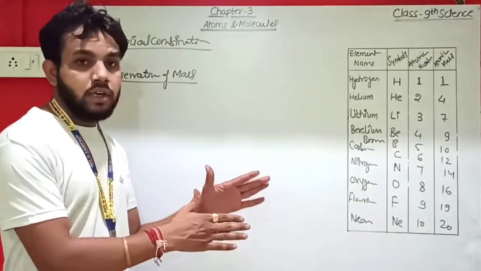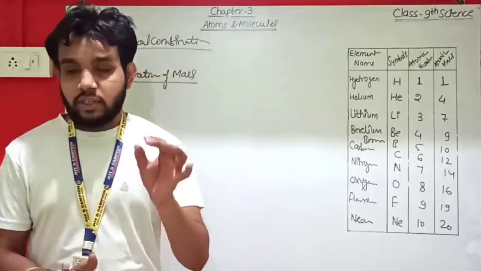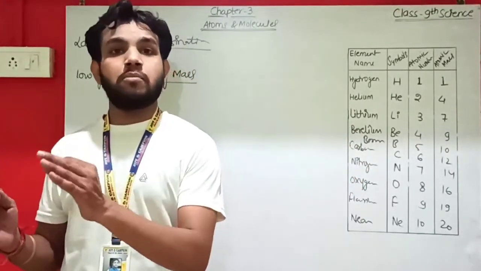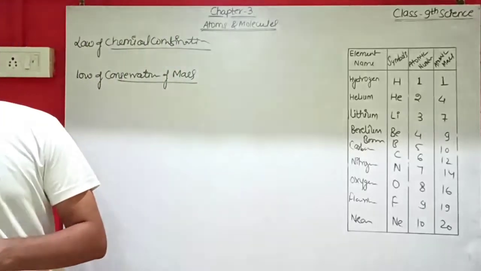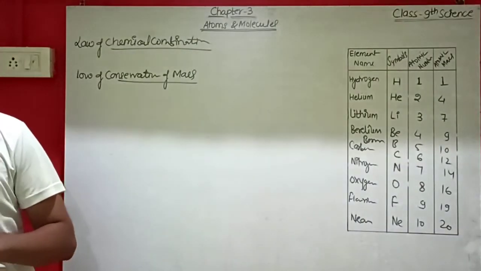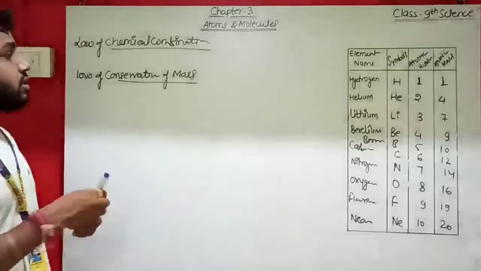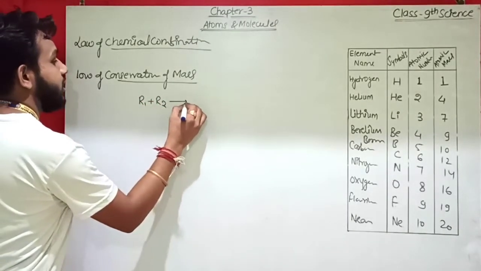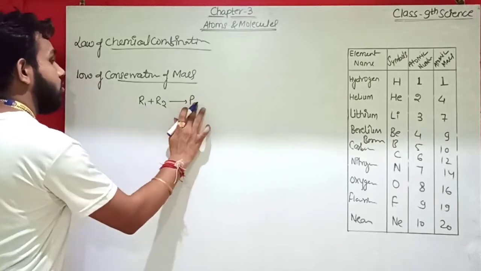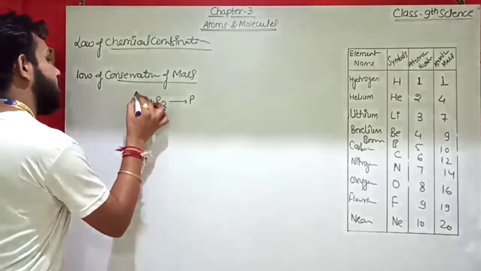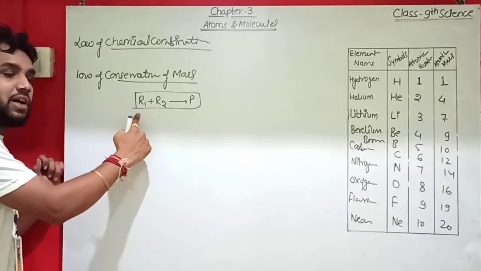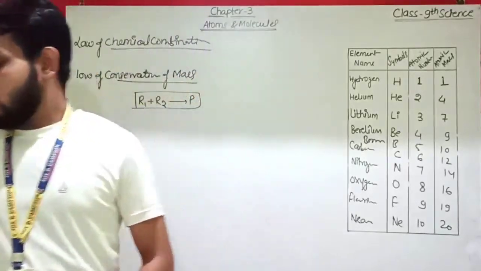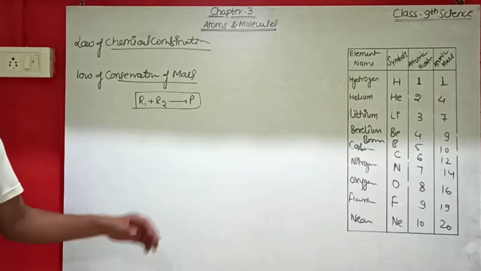In this law, Lavoisier stated that the total mass of product is equal to the sum of total reactant mass. Okay, that means R1 plus R2 equal to product. Mass of reactant 1 plus mass of reactant 2 is equal to the total mass of product.